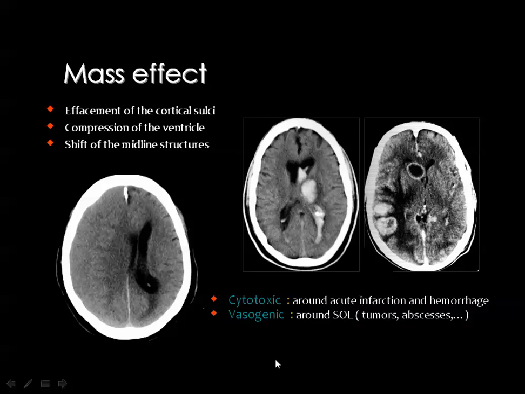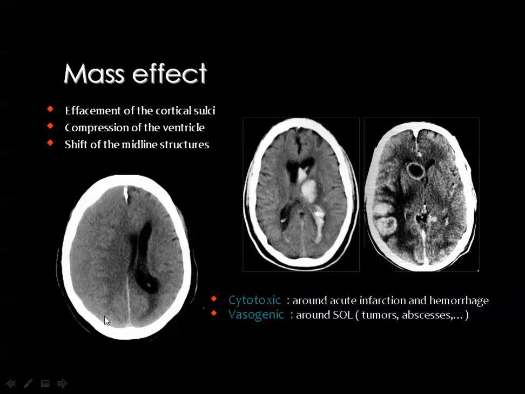Then you remember the mass effect, and we have said that the forms of the mass effect include effacement of the cortical sulci. As you can see in this example, on the left side there are multiple cortical sulci well seen. On the right side you cannot see any of the cortical sulci.